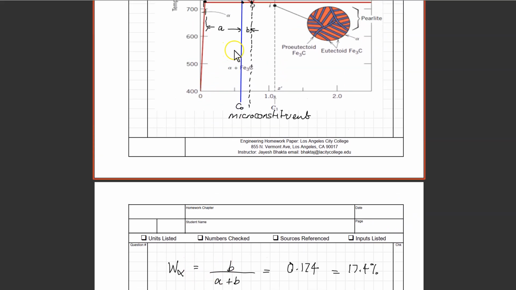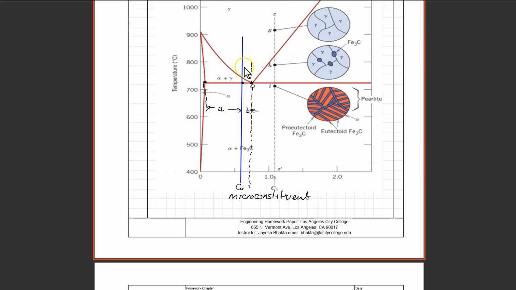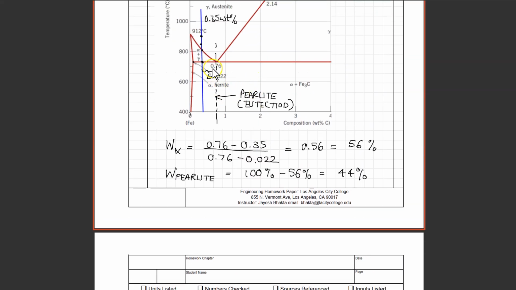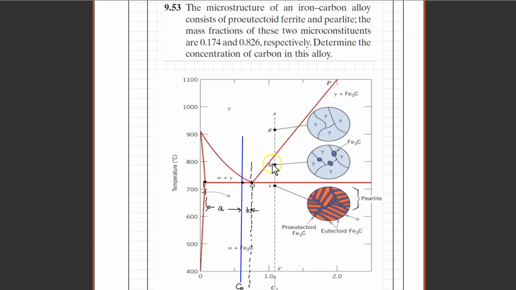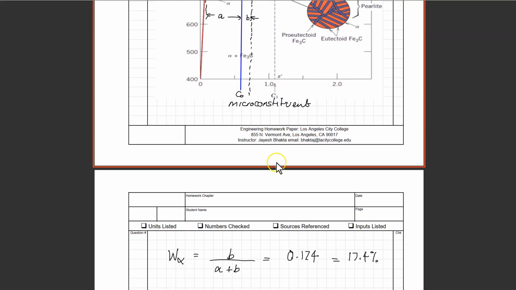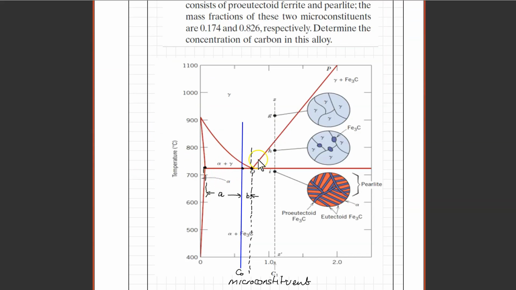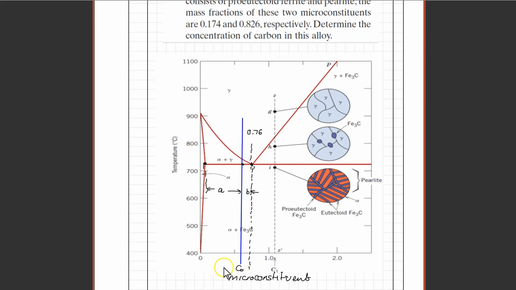Well, what is this distance B? We know from the previous problem that the composition of the eutectoid steel is 0.76. So B is going to be 0.76 minus C naught.